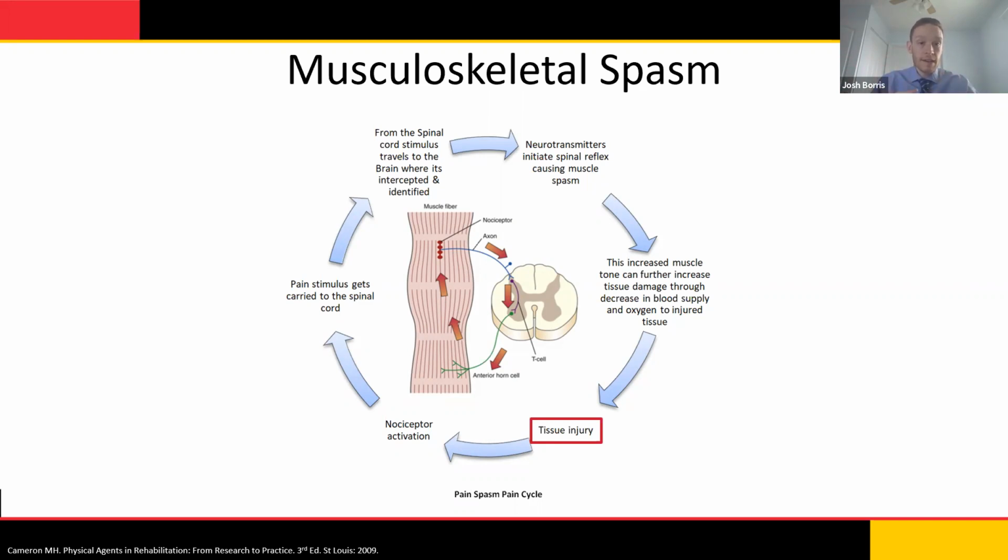The problem here is that the muscle spasm and the tone actually further increase tissue damage. So this tissue damage gets you back to square one, where you're back at tissue injury, and you have this pain-spasm cycle, where the spasms cause more pain, and the pain causes spasm, over and over.